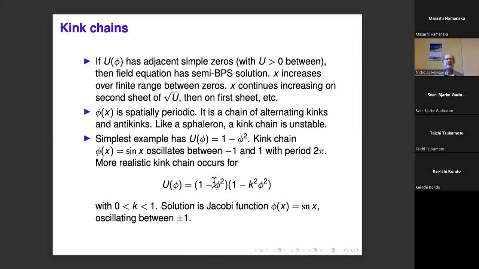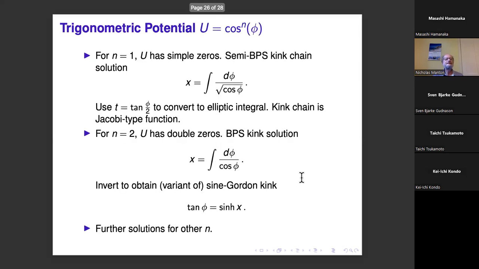So it still oscillates between these zeros, the zeros of this bracket. So typically kink chains involve elliptic or hyperelliptic integrals. They're more complicated analytically, and also they're semi-BPS because you need these simple zeros. You need these branch points, and there are quite a lot of them.